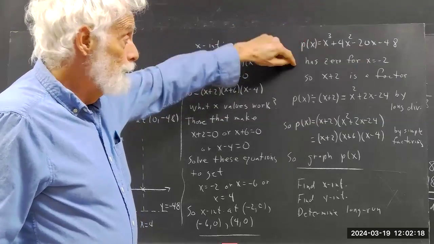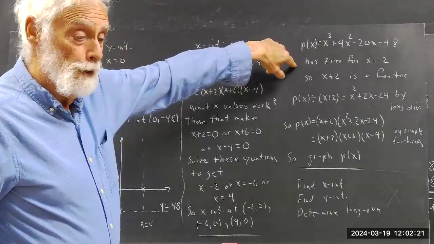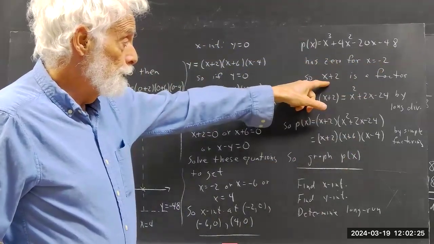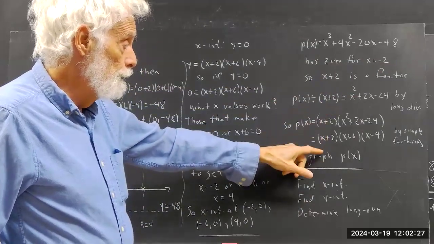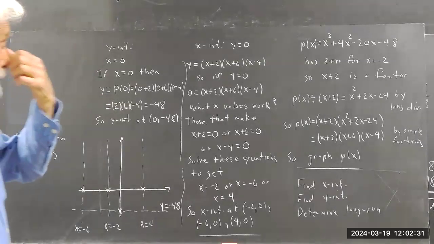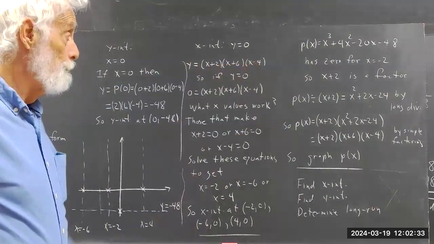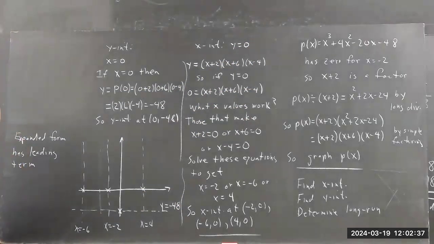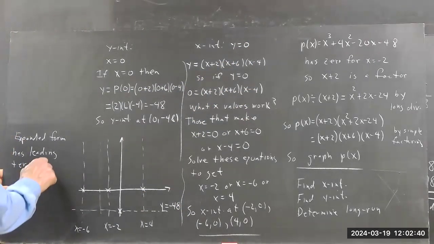We figured out just by trial and error that x equals -2 gave us a 0, so x plus 2 is a factor, so we could do the long division, complete the factorization, so we could write p of x in factored form. Okay, but before we had the factored form, we had the expanded form. The leading term was x cubed.